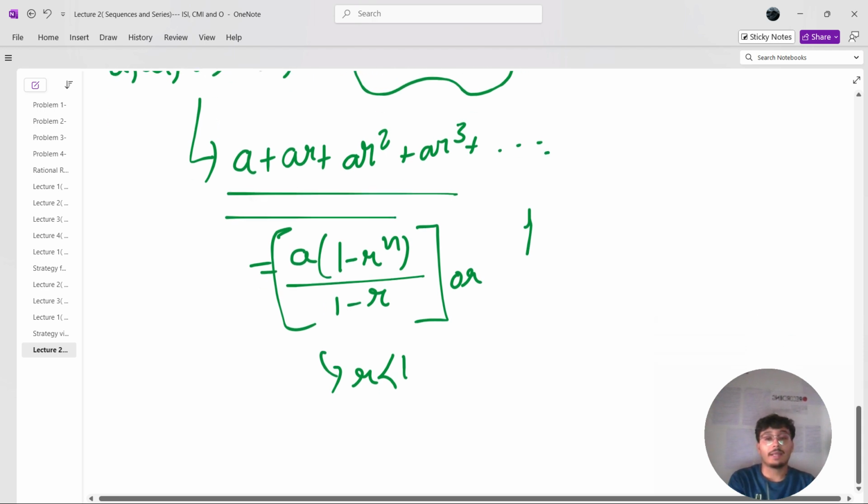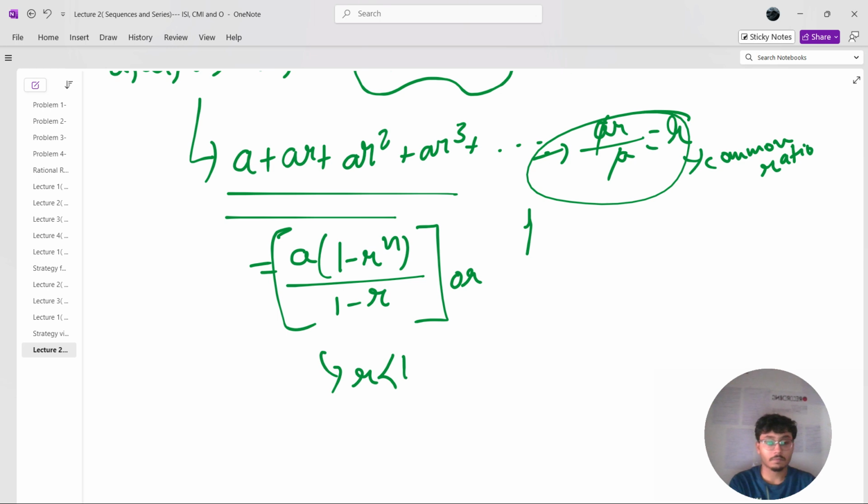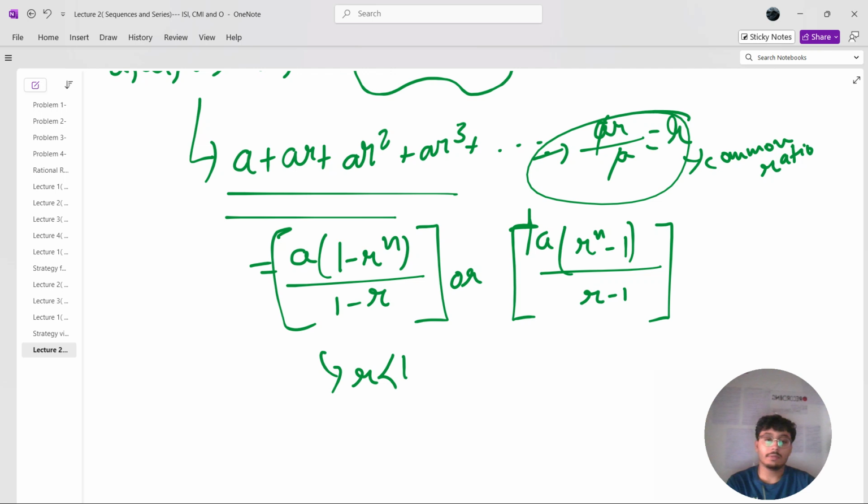And here my common ratio would be basically your second term by first term, which is my r. Or A into r to the power n minus 1 by r minus 1, that is when r is greater than 1.